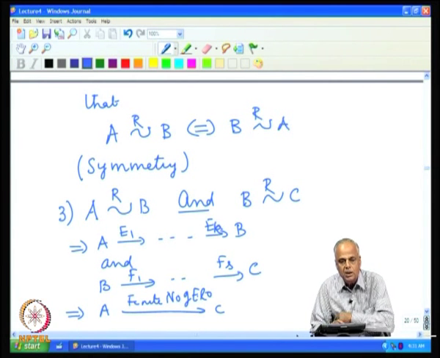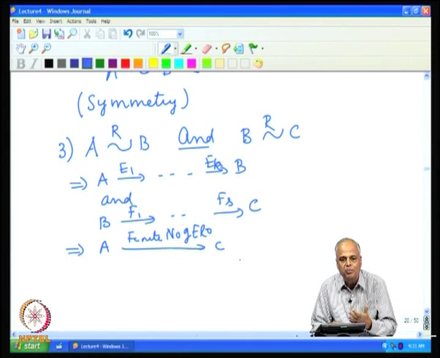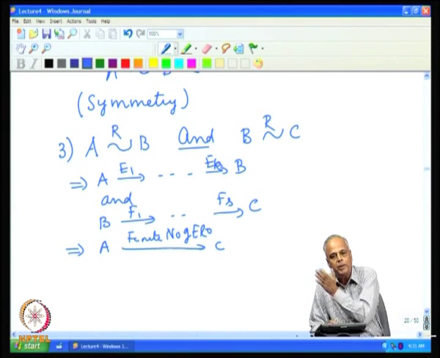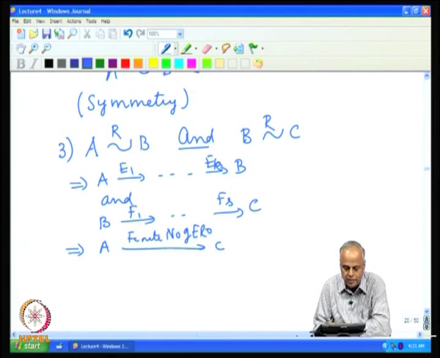Why? First apply all these E1, E2, ..., Ek, then apply F1, F2, ..., Fs, you will go from A to B and then to C. So, you will go all the way from A to C.